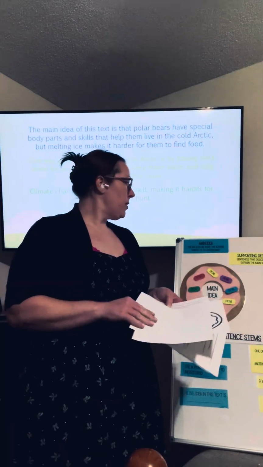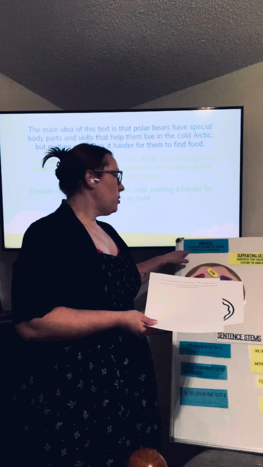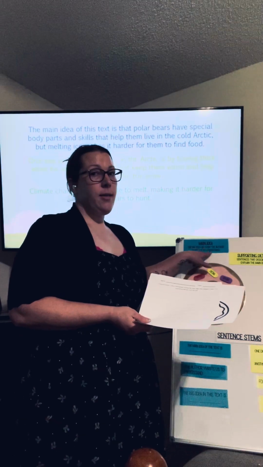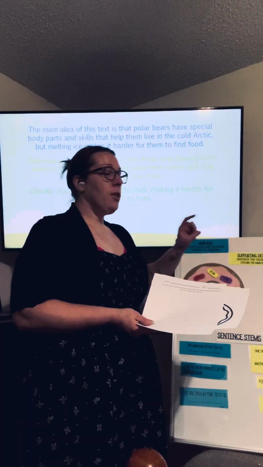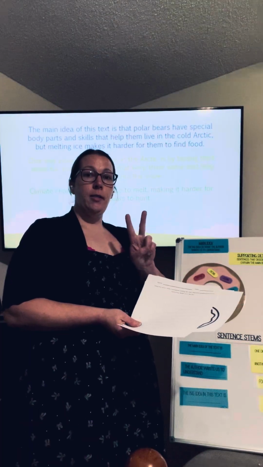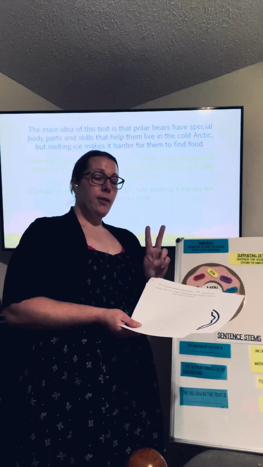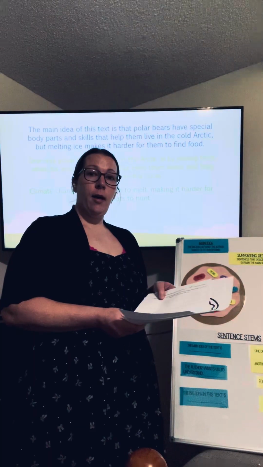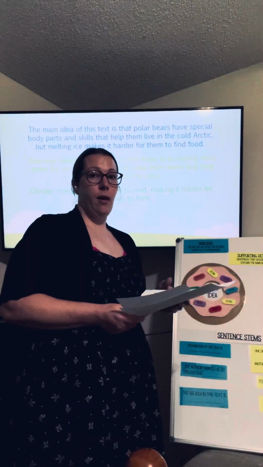And these sentences, one sentence needs to explain to me the main idea, or what you guys think the main idea is. And then you need at least 2 different supporting details. So 2 things in this paragraph that made you think that, hey, that is what the author is trying to tell me.